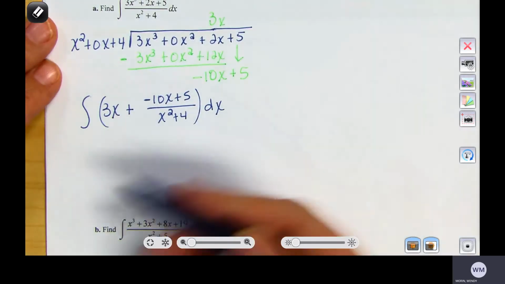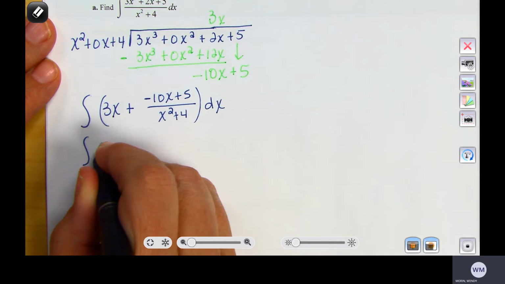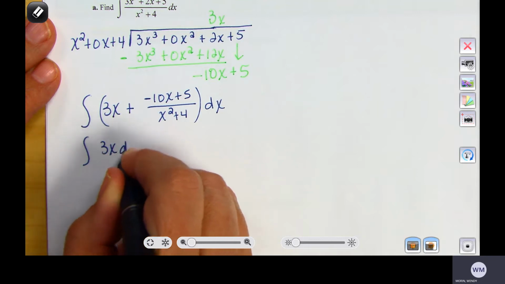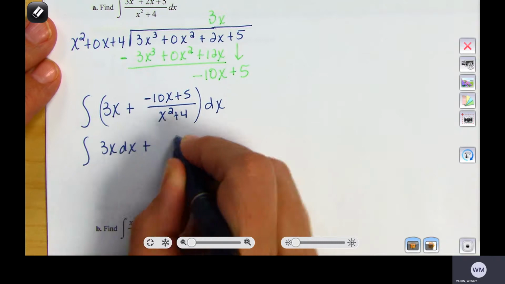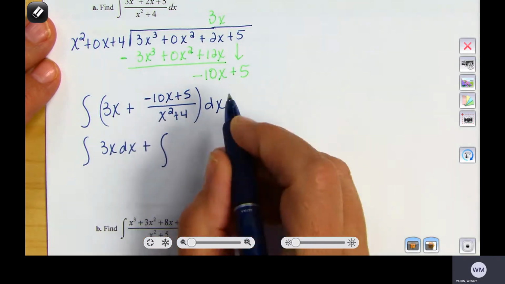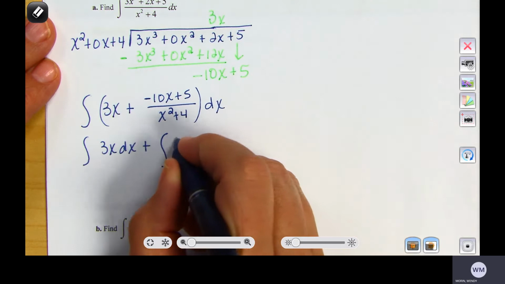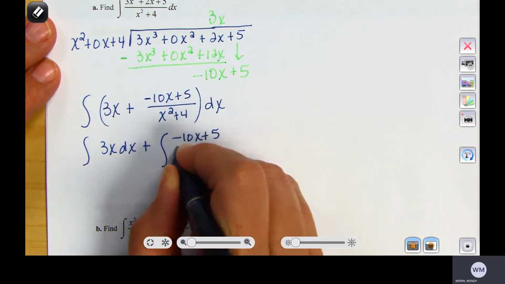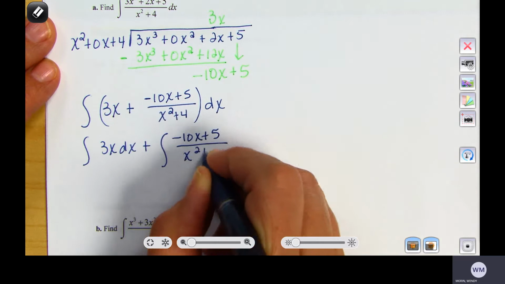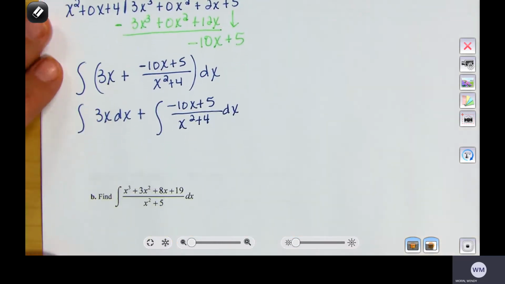And sometimes, and you don't have to do it this way, it's easier if you split them up with the integral sign, but that's completely up to you. Okay?